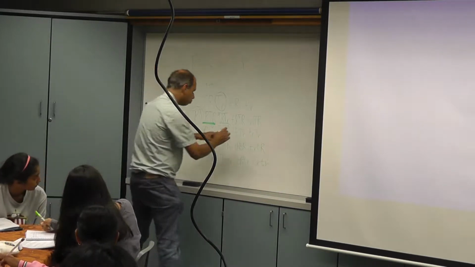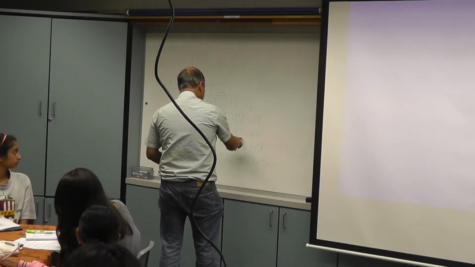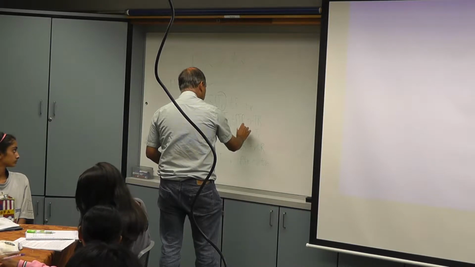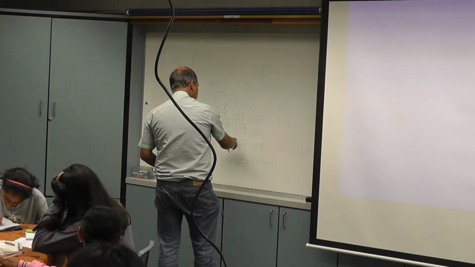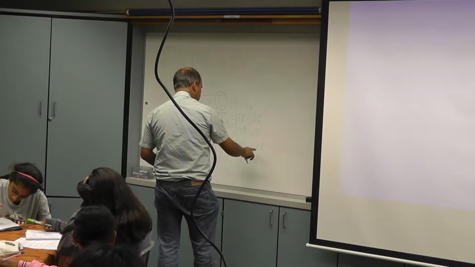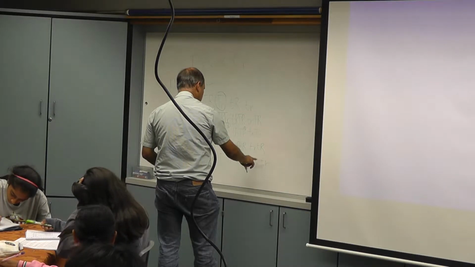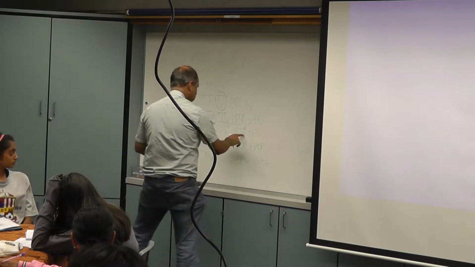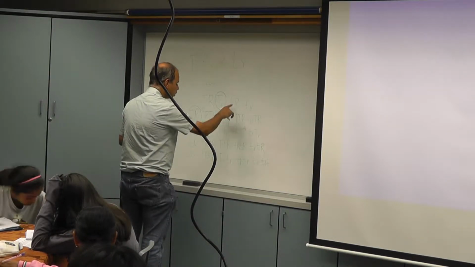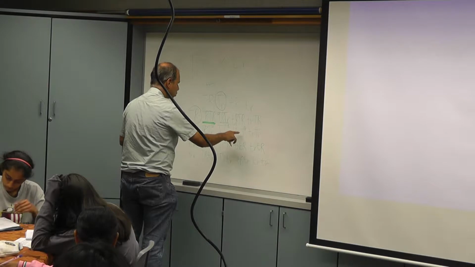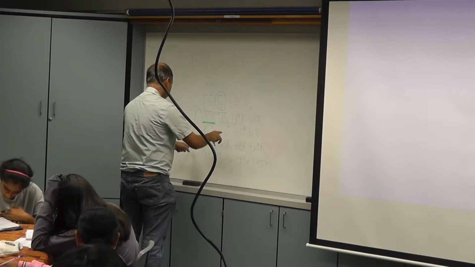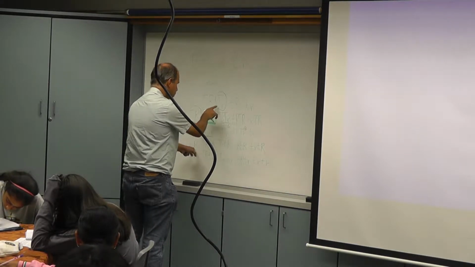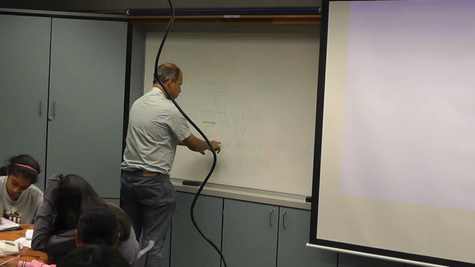But number 4 would be TR, number 4. And is there another TR? Let me just go back. So this is this TR and this is this TR. So there has to be another combination which is this TR and this TR, which is this.